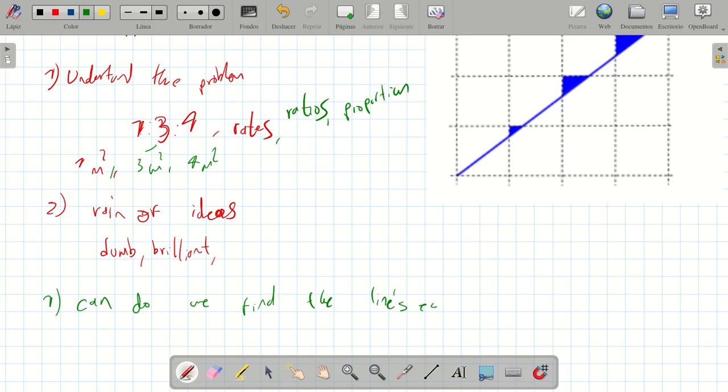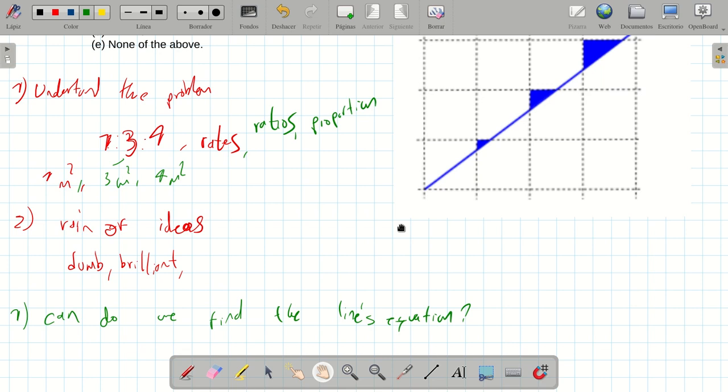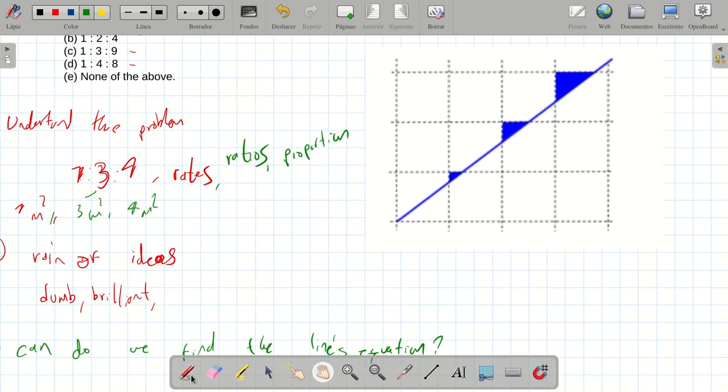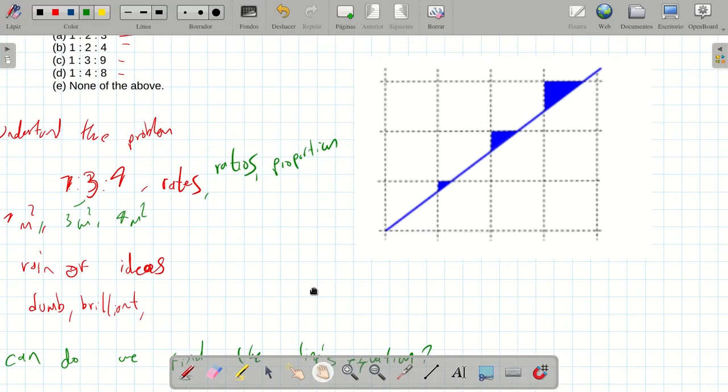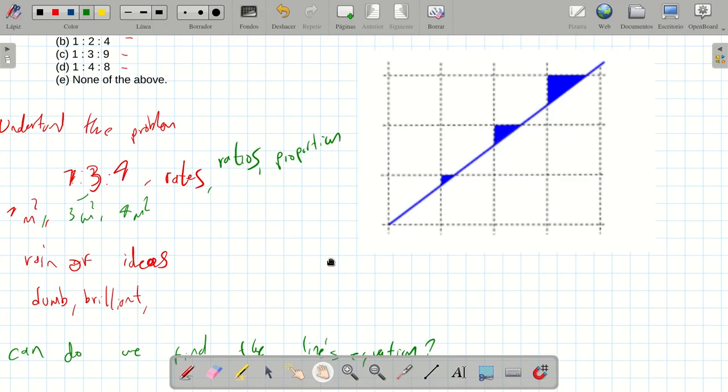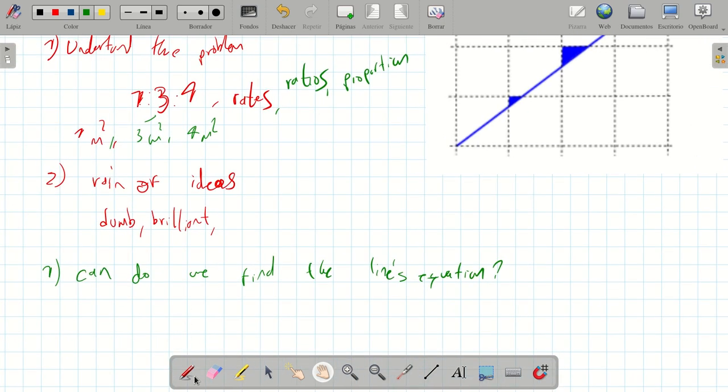Line equation was my first idea because you can see this is like a line here, and this is like a Cartesian plane. So maybe you can use the Cartesian equations to try to find the equation of this line. That was my first idea.